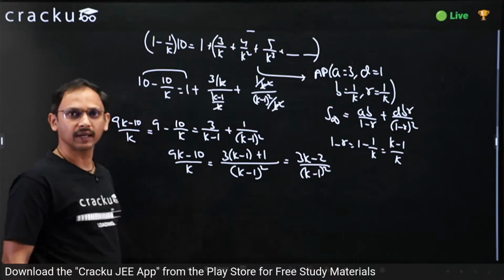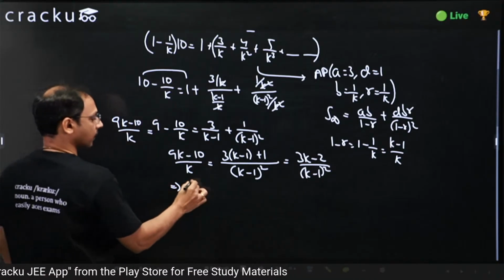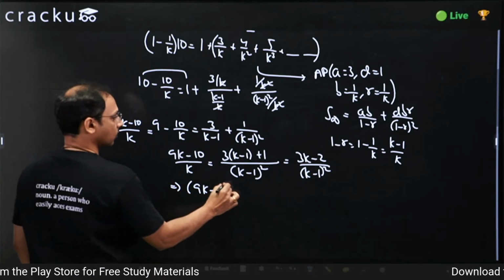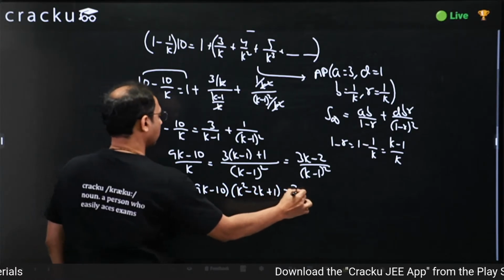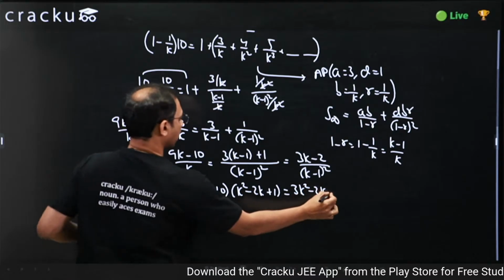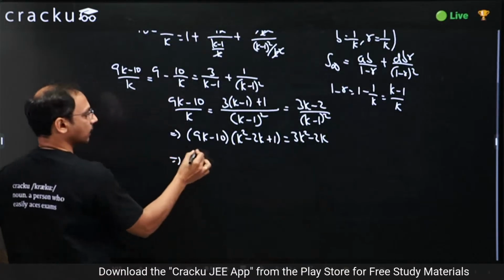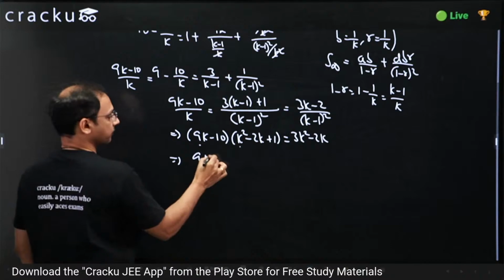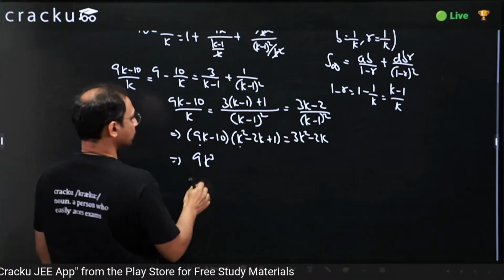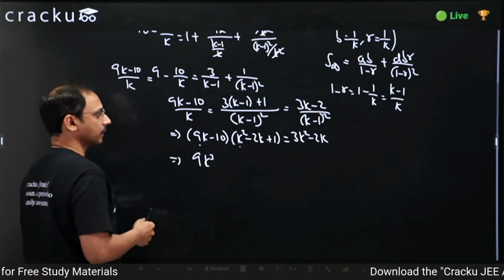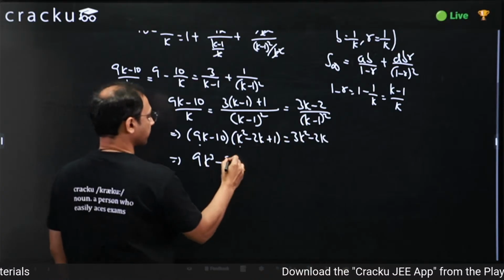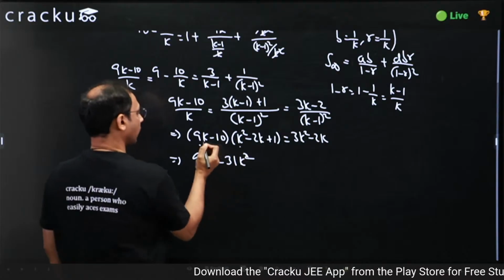So we are going to get a cubic equation, guys. 9k minus 10 into k square minus 2k plus 1 is equal to 3k square minus 2k. Now let's see what happens. 9k cube. What is k square coefficient? Minus 10 minus 18. That is minus 28 minus 3. Minus 31k square.